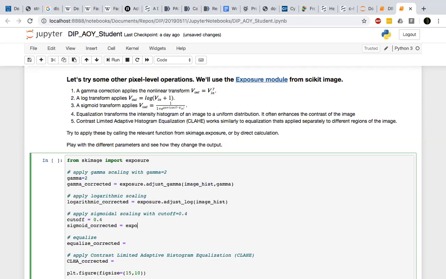So exposure dot adjust sigmoid of image hist. And I specifically said I wanted a cutoff. So I'm going to say that the cutoff is the cutoff. Right? So far, so good.